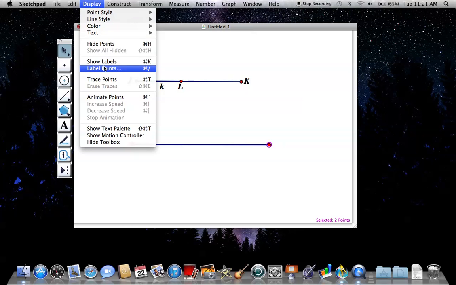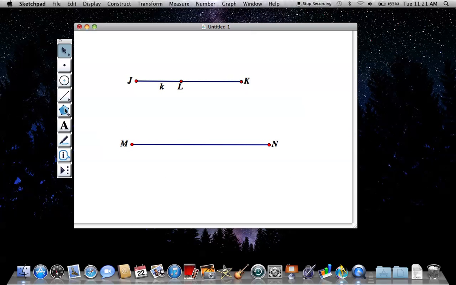I use my arrow to distinguish a ray. We call this a ray because it has an originating point, this endpoint M, and it goes on forever towards point N. The arrow means it extends on forever that way. So this would be ray MN. You cannot say ray NM because N is not the starting point. With a ray, you always have to start with the endpoint. So this would be ray MN.